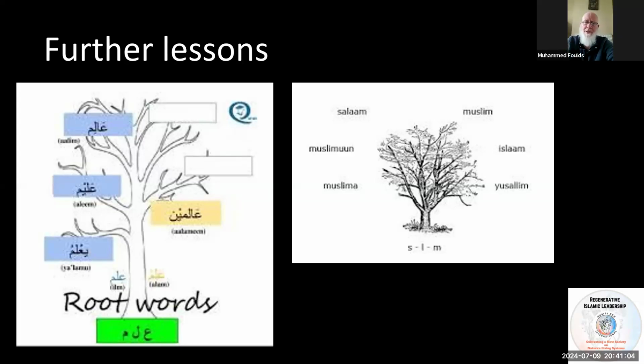It originated with the seed and it went through its various stages. And when you're learning the Arabic language and looking at root letters, as you can see here, the tree is used as a beautiful way to describe how everything develops in stages and shapes.